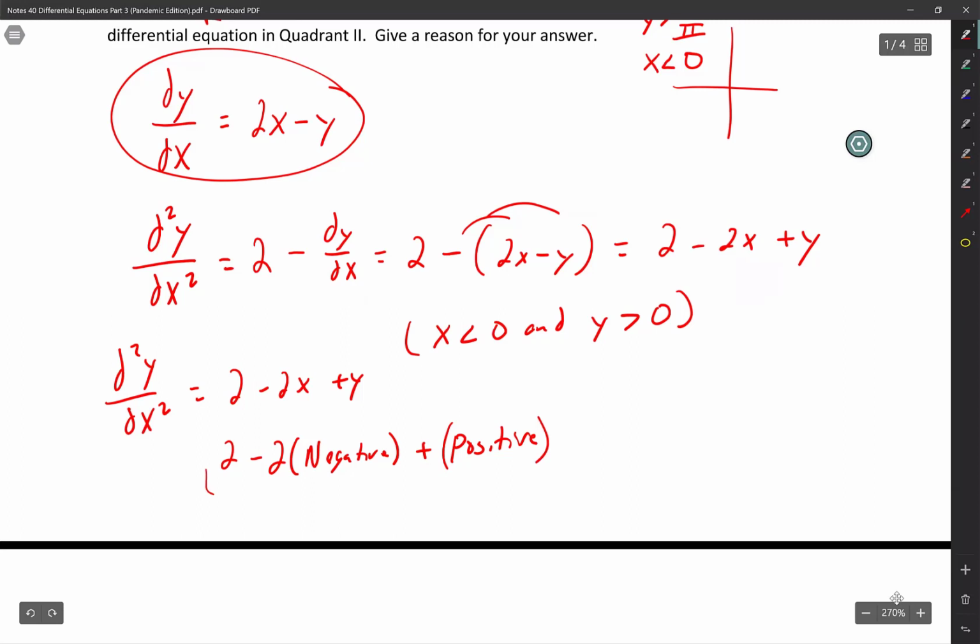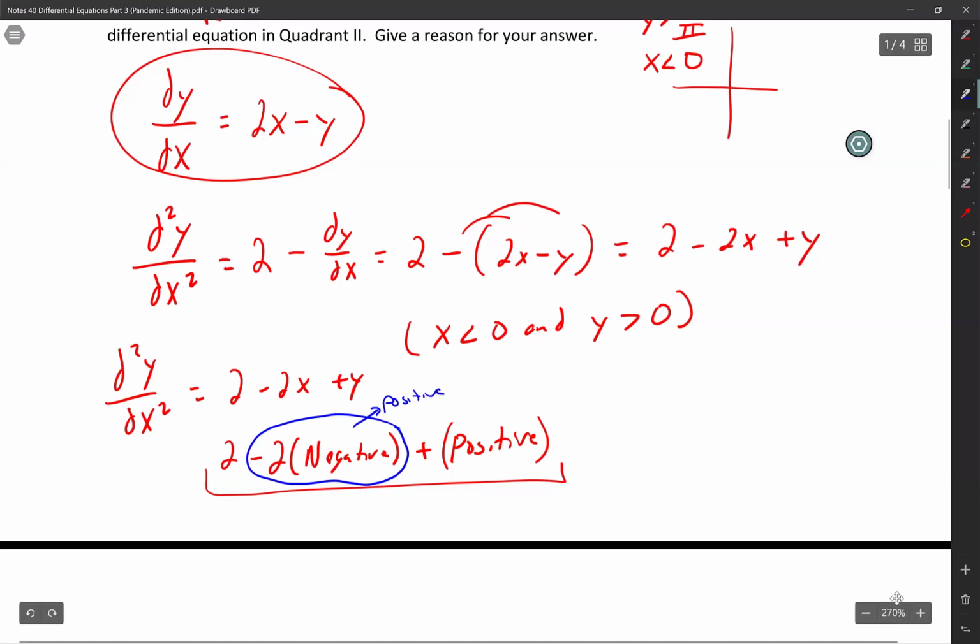Will this always be positive? Check it out. Yes. Negative 2 times a negative, that right there that I'm circling in blue, is always going to be positive. Do you guys see that? So because I have 2 plus a positive, plus a positive, this will always be positive.